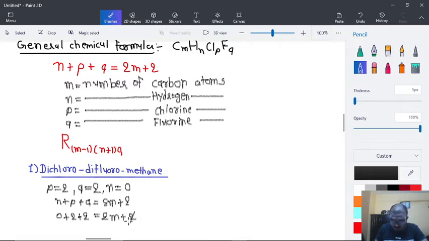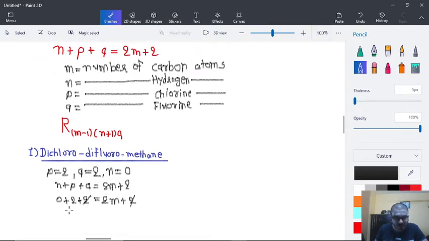So finally what we will be getting here is M is equal to 1.